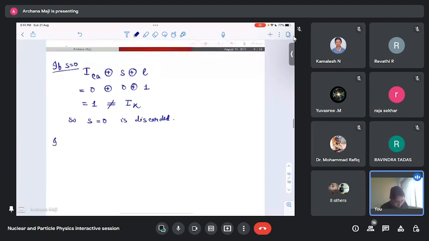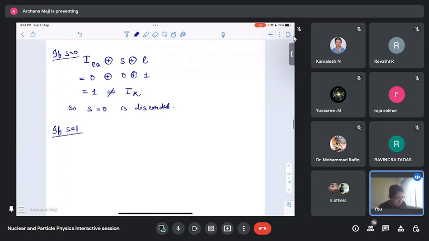If S is equal to 1, let us see whether the angular momentum conservation holds. The angular momentum of calcium is 0, and this is 1 plus 1, so this can give you 2.